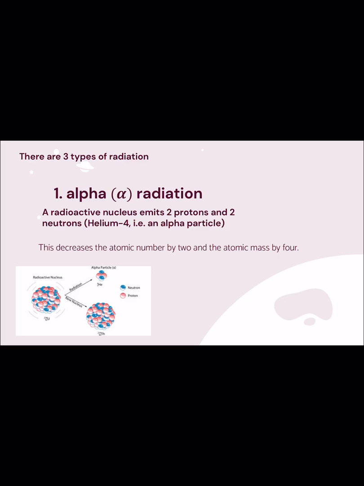I'm going to show you an example in the next slide of what this means for the initial particle. Typically we call the first particle, the one that we're starting from, the parent nucleus, and the result after the decay, after the radiation is produced, the daughter nucleus. So very familiar.